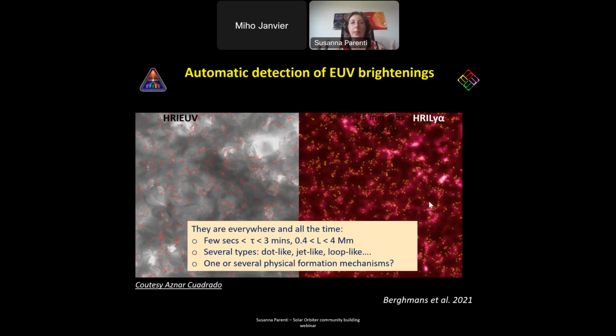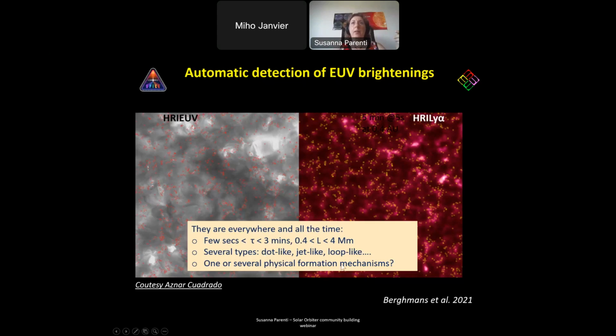and from one side they depend on the parameters that you fix for the detection algorithm. You can change the parameters a bit, for instance, selecting the spatial scales that you are interested in. But in this first paper, we limited the spatial scale to about 4 or 5 megameters, and in this case we saw that these events last from a few seconds to a few minutes.